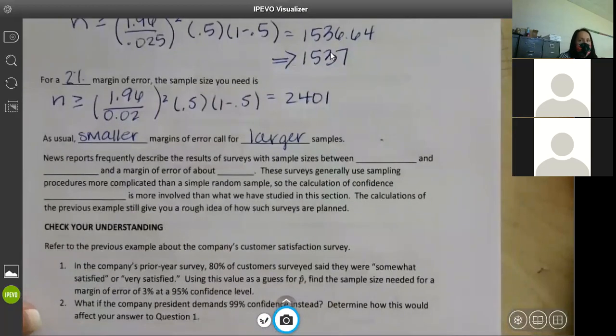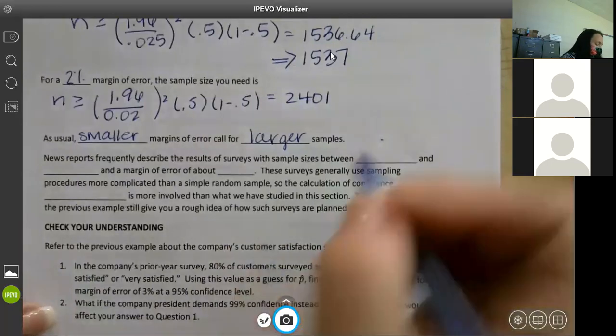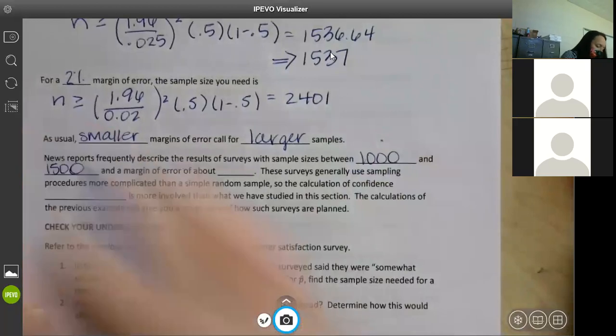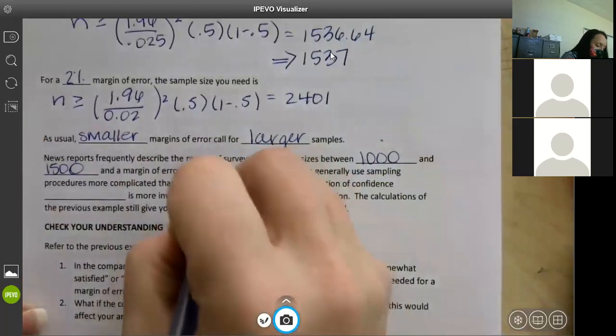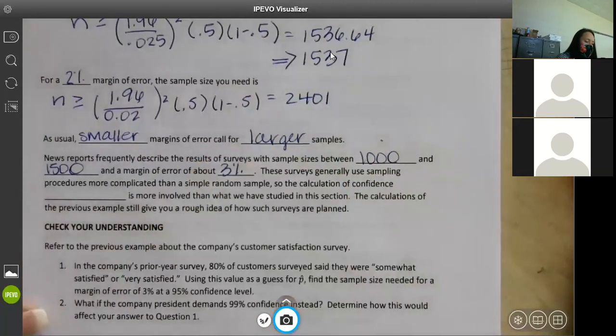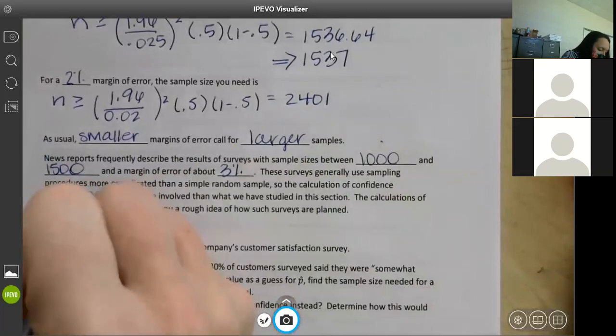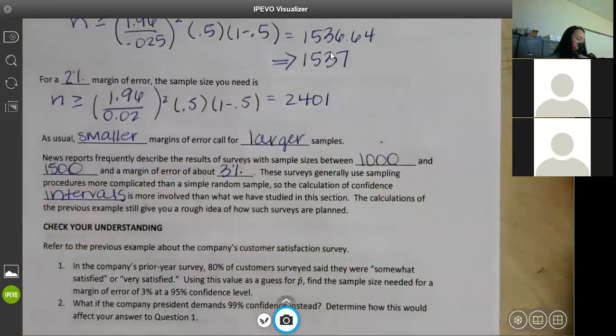News reports frequently describe the results of surveys with sample sizes between 1,000 and 1,500 and a margin of error of about 3%. So this is the typical. These surveys generally use sampling procedures more complicated than a simple random sample, so the calculation of confidence intervals is more involved. The calculations of the previous example still give you a rough idea of how such surveys are planned.